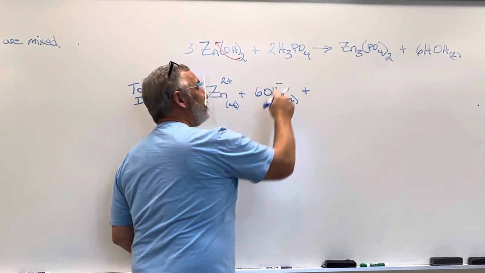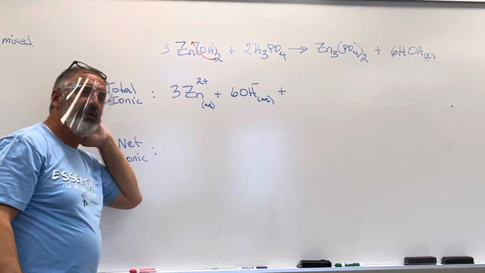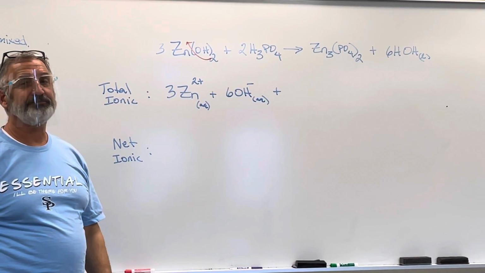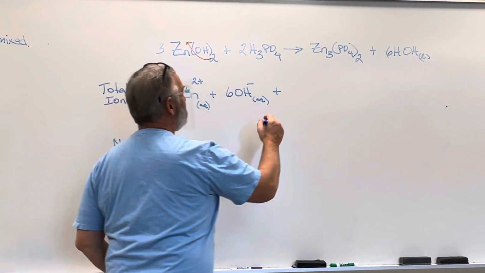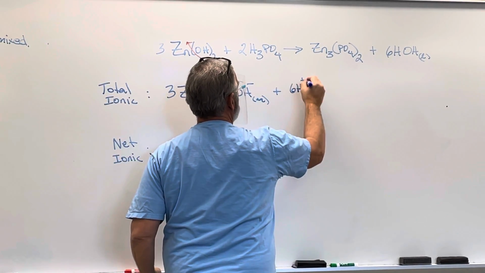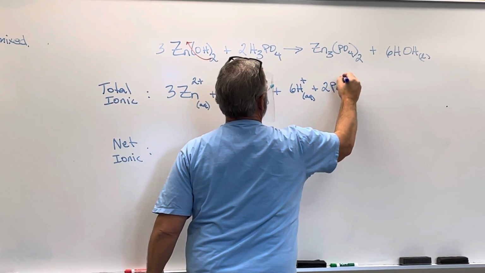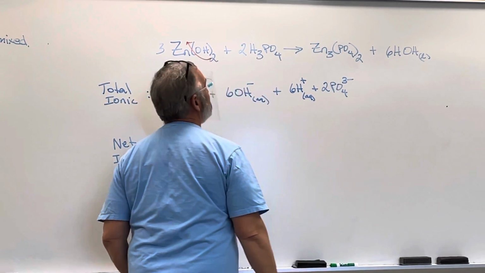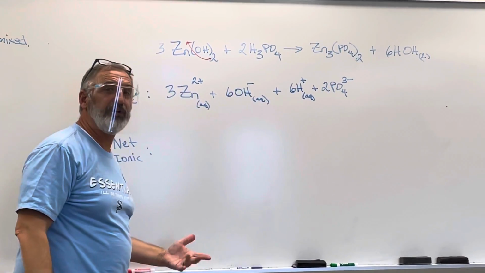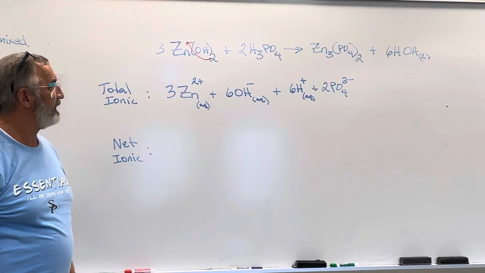Now this one, what are we going to get? 6 H pluses. And 2, what is P? Phosphate. You're not going to get P's and O's, you're going to get PO4s.